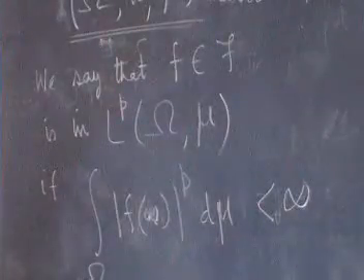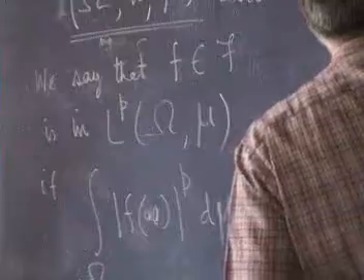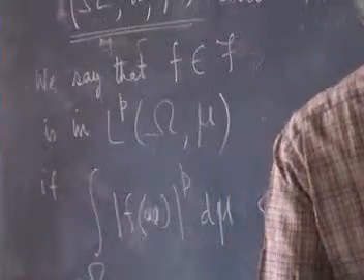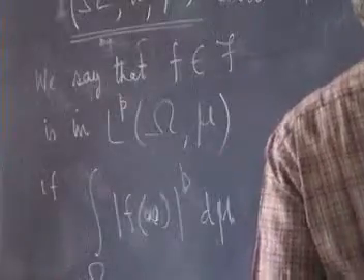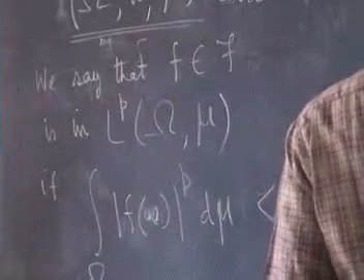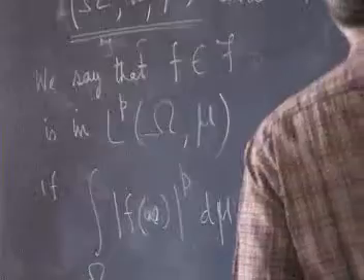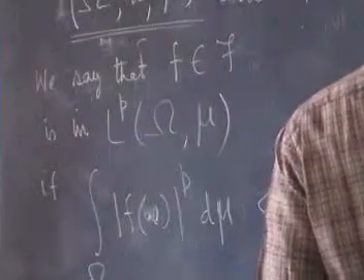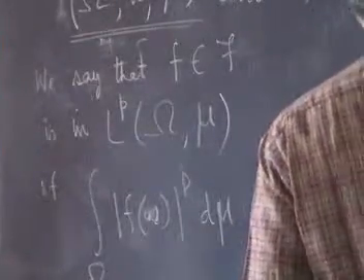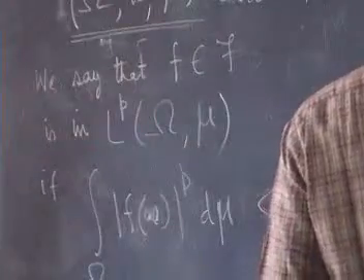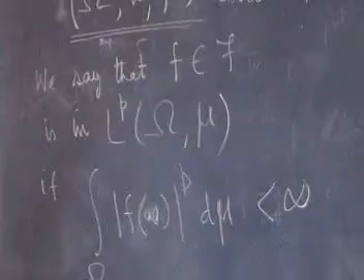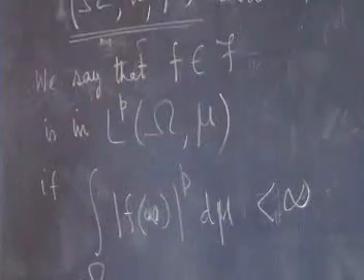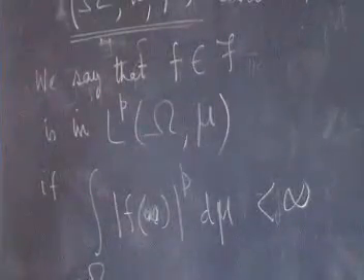Capital F is the collection of all real valued functions. So you take functions from omega to R, think of random variables.